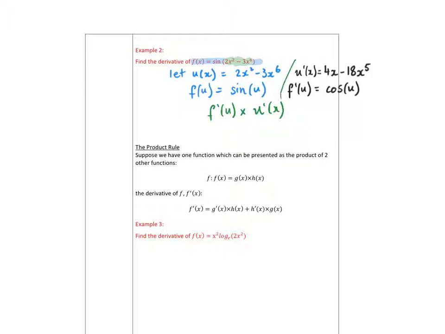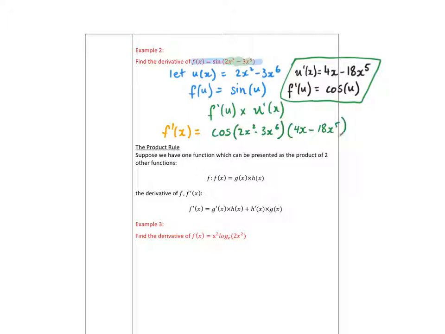So we take these two things here, we multiply them together, and if we want to give a little bit of context here, f dash of x, what we were asked to find, is equal to, well, f dash of u, which is cos u, or really, it's going to be cos of 2x squared minus 3x to the 6, times u dash of x, which is 4x minus 18x to the 5.